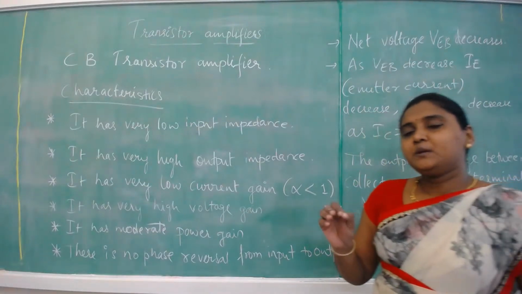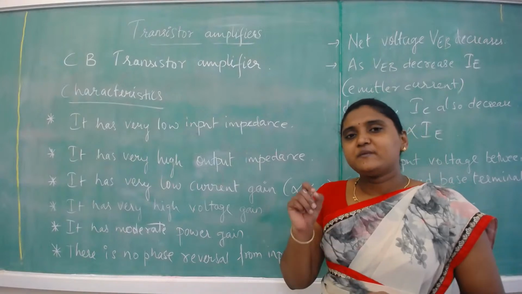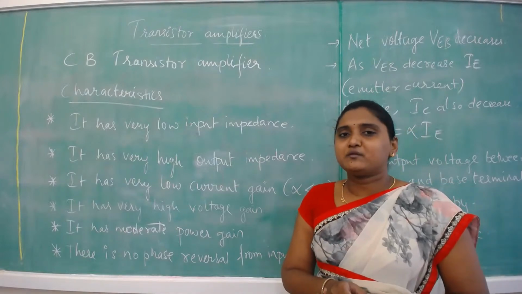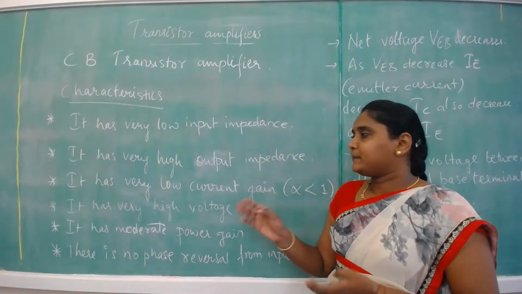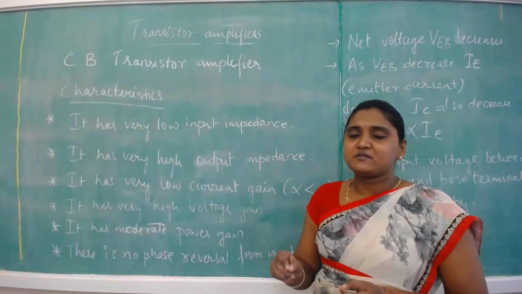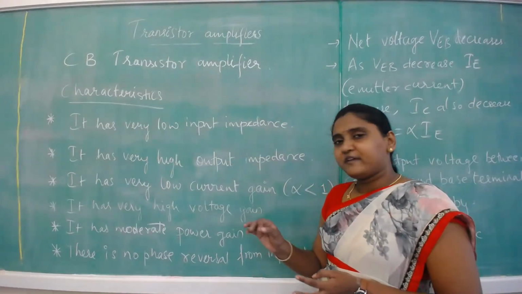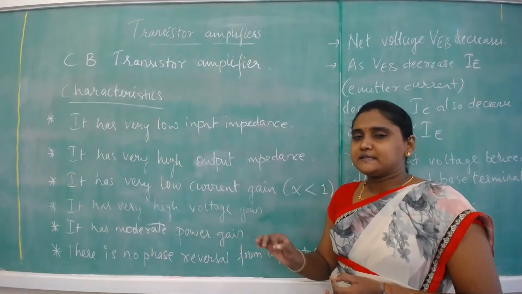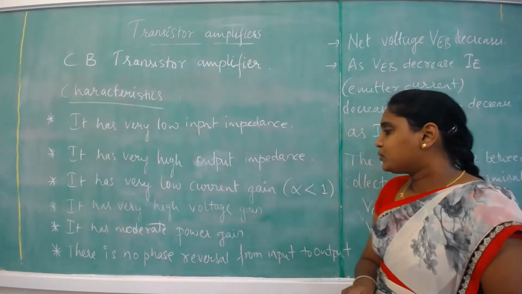That means input signal and output signal are in phase. Whenever the positive cycle of the input appears, the positive cycle of the output also appears. That means both are in phase. There is no phase reversal, no disturbance, otherwise the phase difference between the input and output wave.